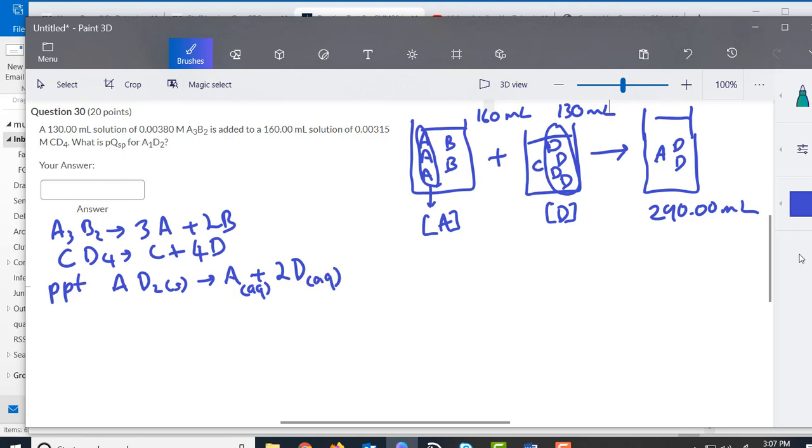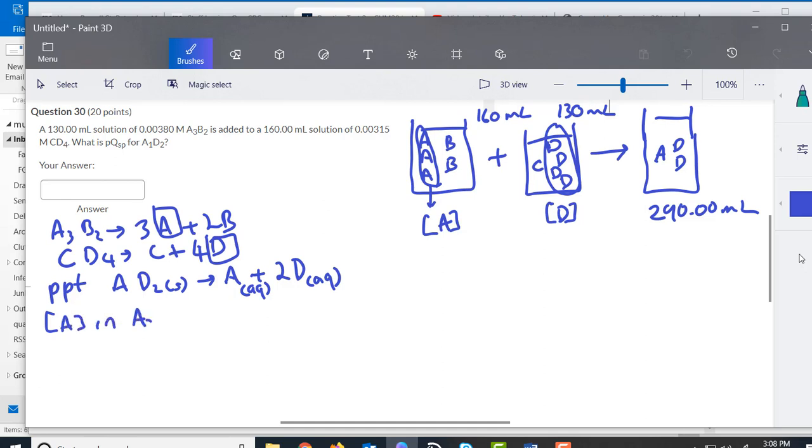So we're only interested here in the A and the D. We're not interested in the C and B at all because they're not part of the precipitation reaction.